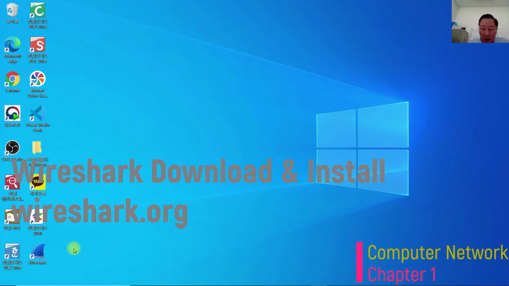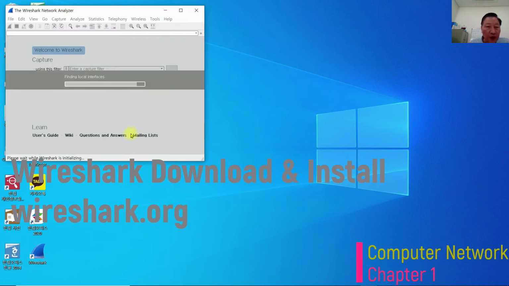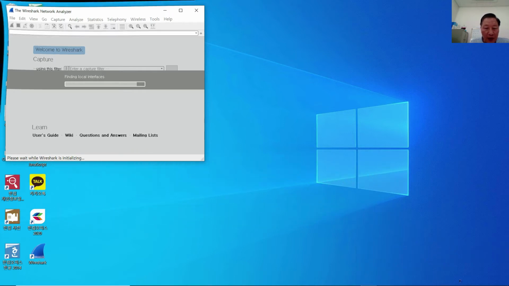After successful installation of Wireshark, you can see this desktop icon. If you click this one, we can initiate the Wireshark operation. Simply click many times, around 10 times, to make it enabled.